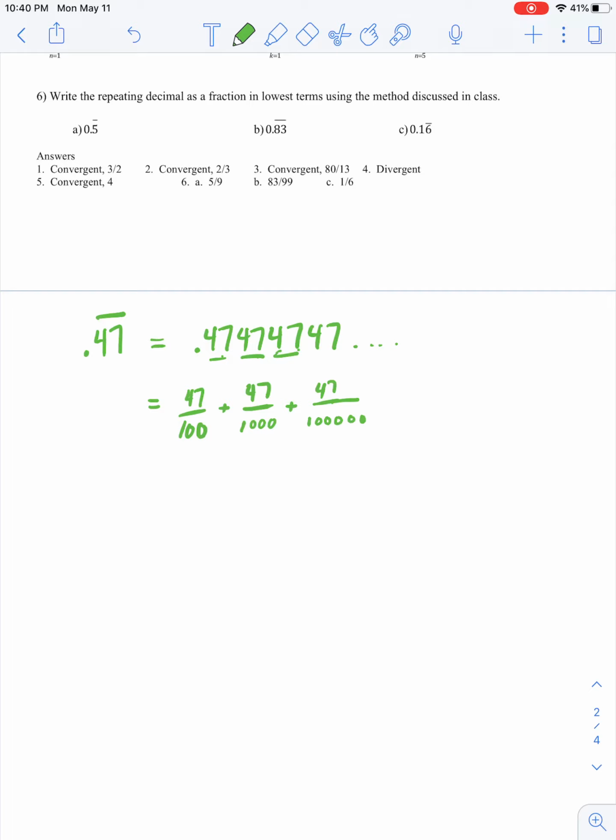Each time we're just adding on 2 more zeros. So if I'm at the tenths, hundredths, thousandths, 10,000ths, then 100,000ths, millionths. Well, it would help if I could count tonight. There we go.